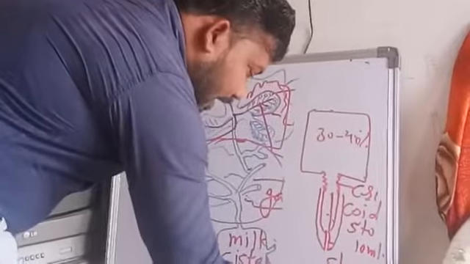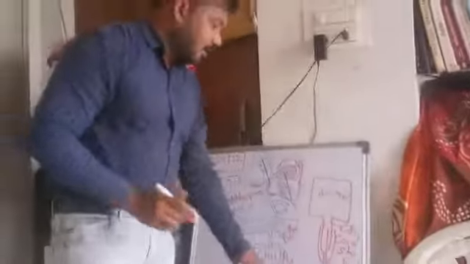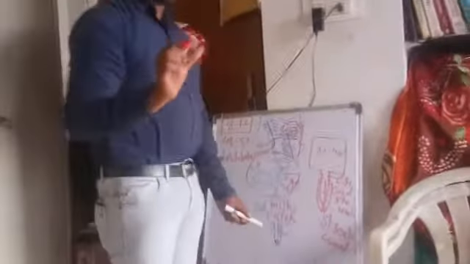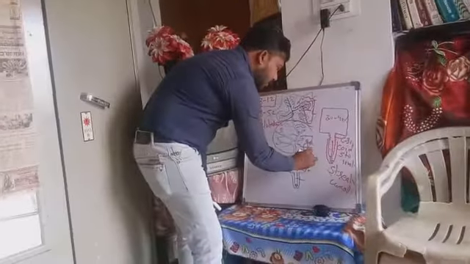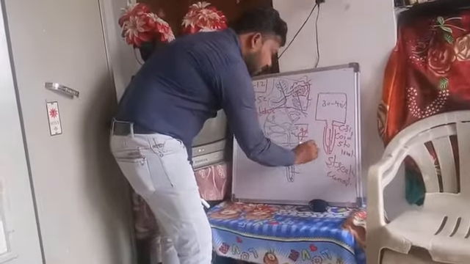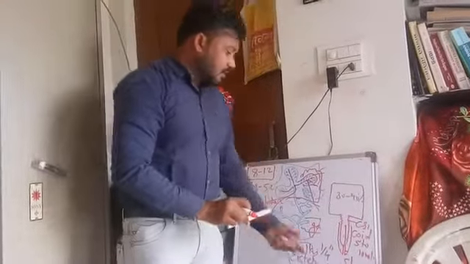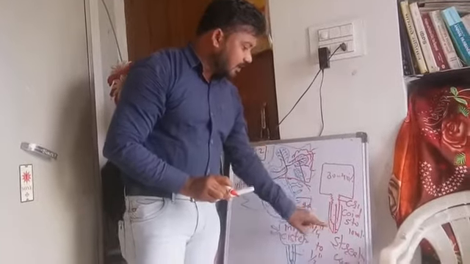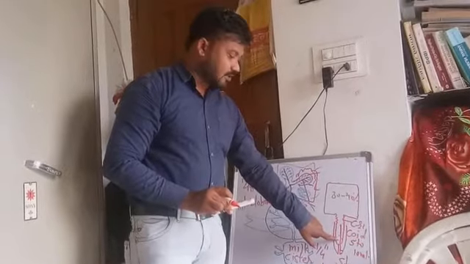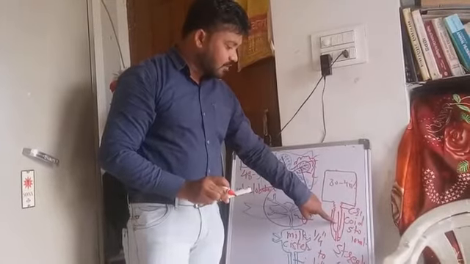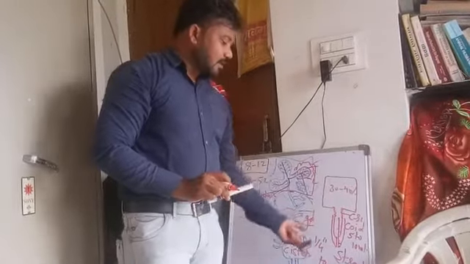It is a narrow tube, and the usual dimension of the streak canal is about 1/4 inch to half an inch only. The streak canal is a cavity which connects the skin of the teat and the teat cistern. Whatever milk is discharged from the teat canal passes through the streak canal, and then we get the milk.